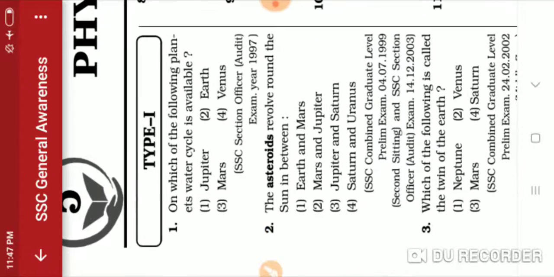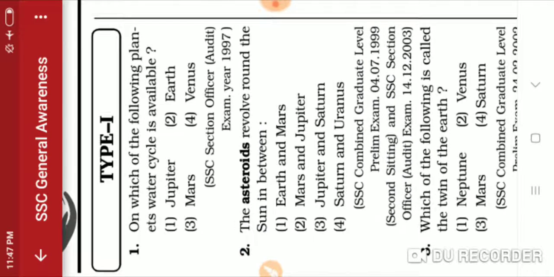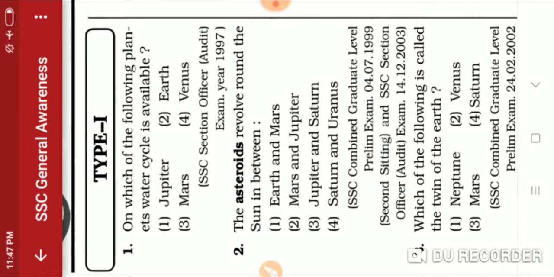So the first question is, on which of the following planets is the water cycle available? Of course our Earth is the planet where the water cycle, life cycle is available. Water content present is 71%.